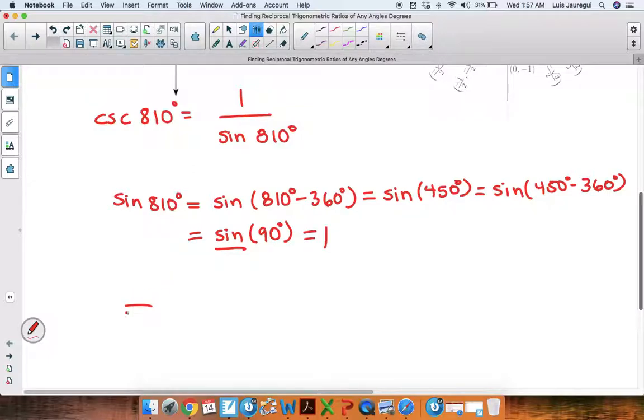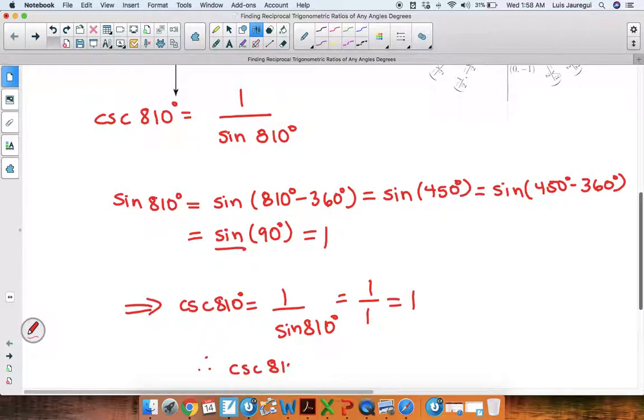And this now would actually help us in finding what is cosecant of 810 degrees, since that was equal to 1 over sine of 810 degrees, which we figured out to be 1. So this is 1 over 1, which is 1. And by the transitive property of equality, we get that cosecant of 810 degrees is equal to 1.